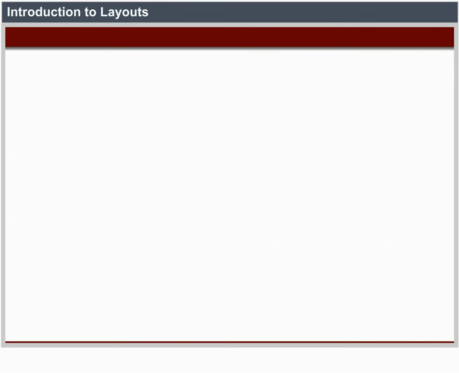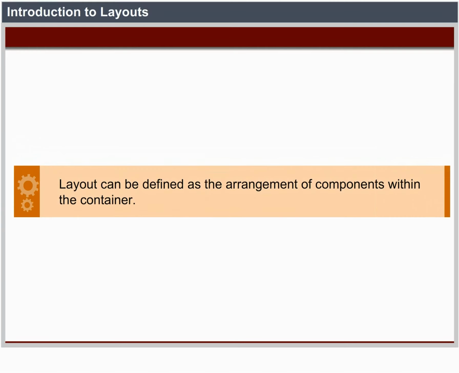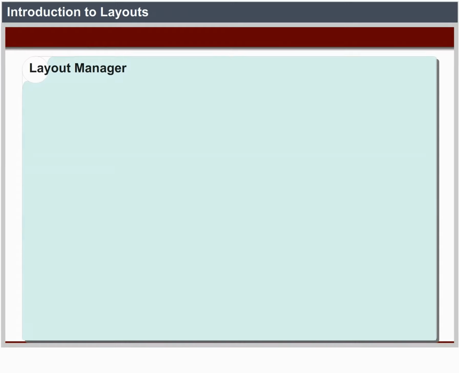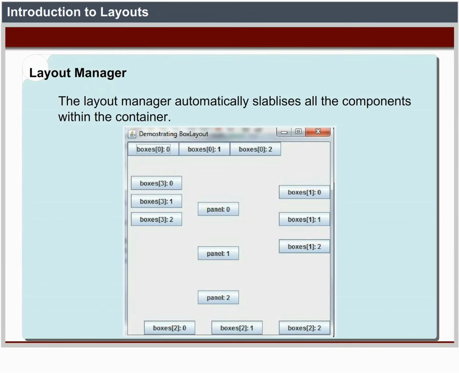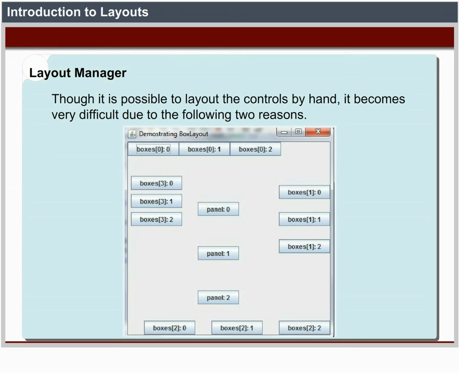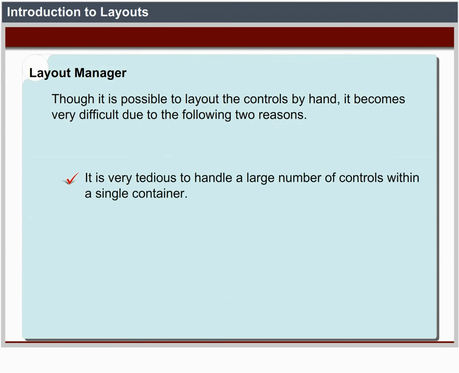Introduction to layouts. Layout can be defined as the arrangement of components within the container. Layout Manager. The Layout Manager automatically arranges all the components within the container. Though it is possible to lay out the controls by hand, it becomes very difficult due to the following 2 reasons. It is very tedious to handle a large number of controls within a single container.